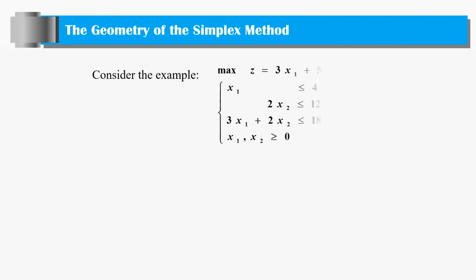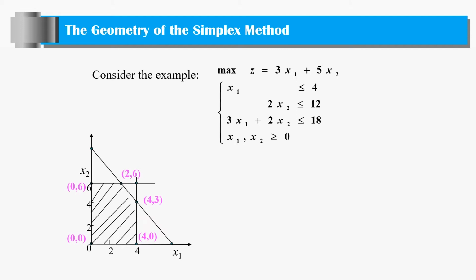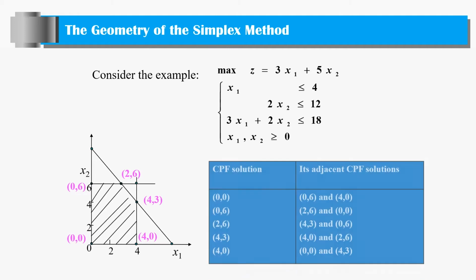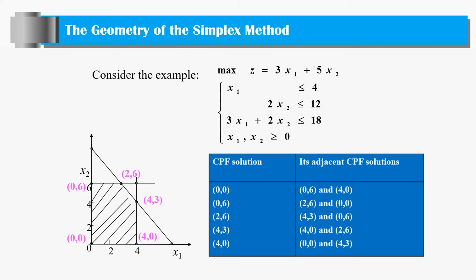Now let's look at an example of how this idea works. Consider maximizing z = 3x1 + 5x2 with all these constraints. First, geometrically, we draw its feasible region. Since the simplex method uses CPF points, we can list out all the corner points of the feasible region, and each corner point has two adjacent points.